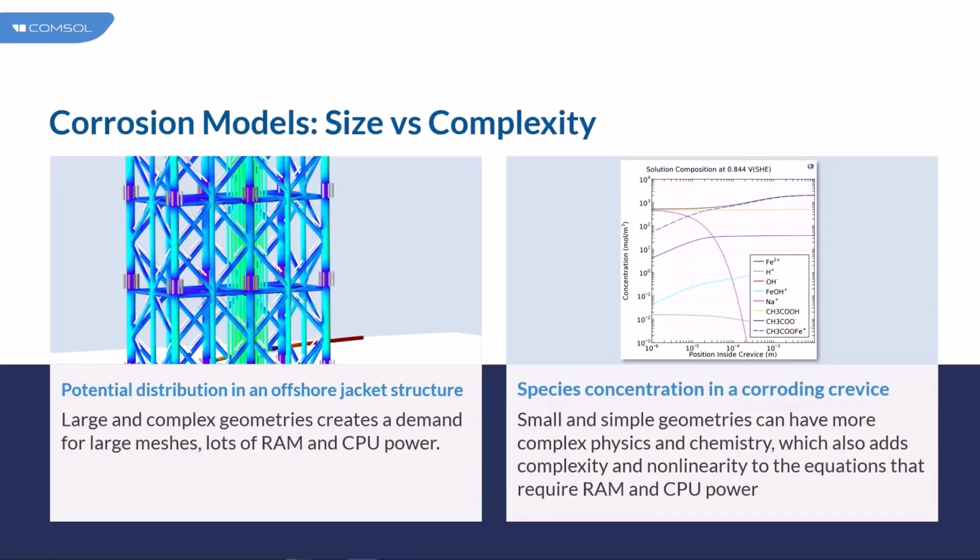So there's always this trade-off between doing a large model. You might want to simplify your equations a bit and not take all the details into account. So you do some assumptions, maybe that you have a constant conductivity in the electrolyte, or you assume that you are working in a range where you have enough oxygen to sustain the oxygen reduction reaction and so on.